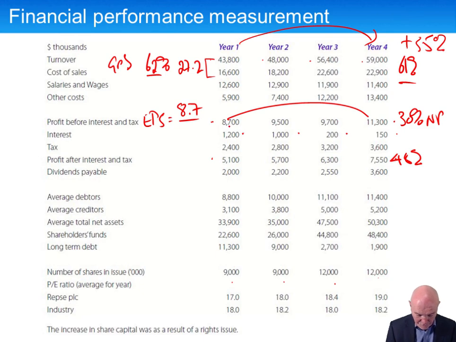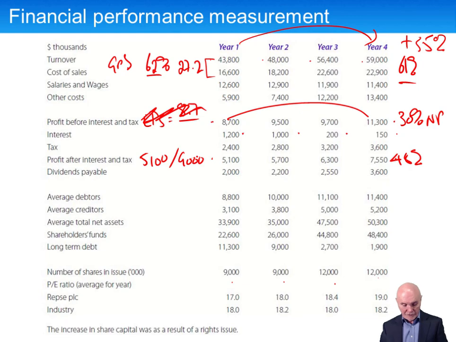We can work out the earnings per share from the profits after interest and tax. It's 5,100 over 9,000. So 5,100 divided by 9,000 is going to be 0.57.